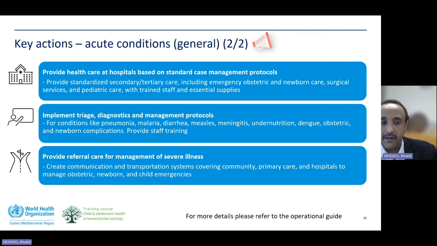Triaging is an intervention that is extremely needed during emergencies, with crowdedness at facilities and the overwhelming number of patients at health facilities. And we need to improve the referral care quality. And this is by creating communication and transportation systems that are linking all the levels of care together.